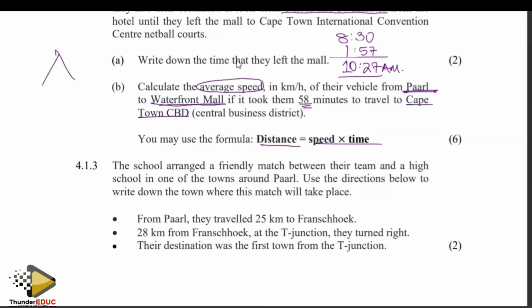Remember, we use the triangle which says speed equals distance over time. The triangle looks like that. So we need to change the formula. So the formula becomes speed equals distance over time. So ask yourself, do you have the distance? Let's go and look for the distance.